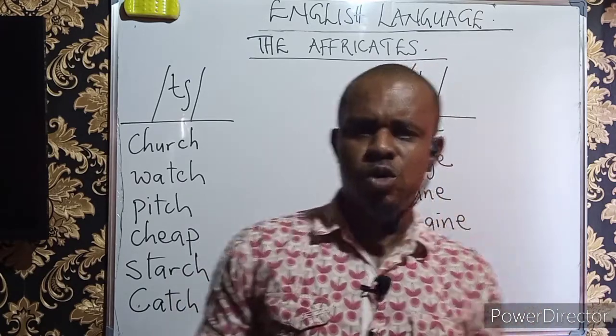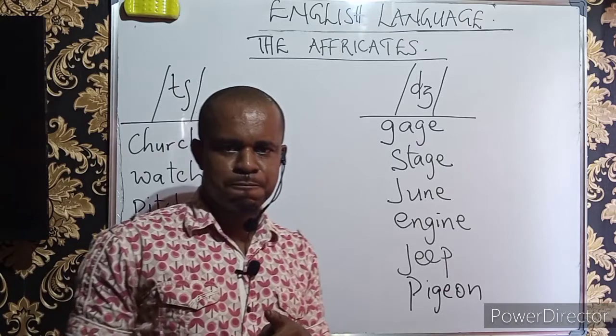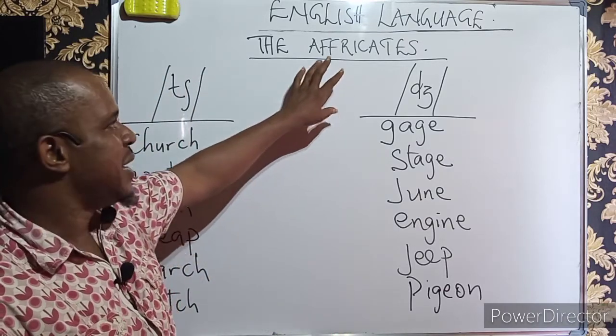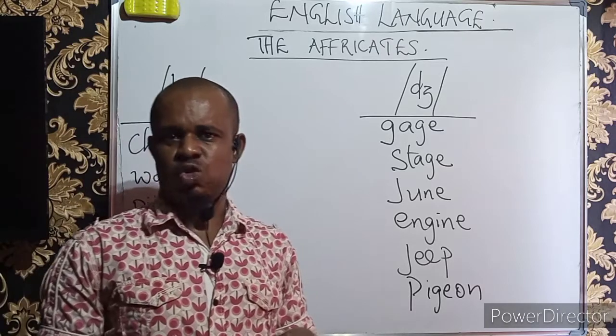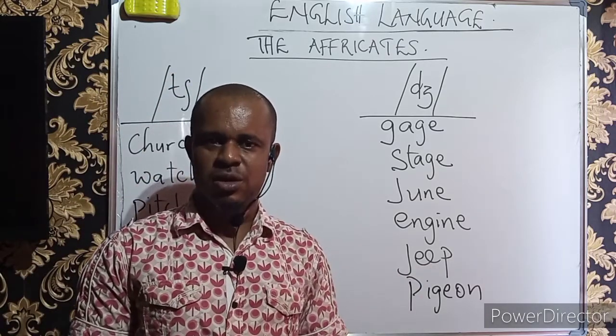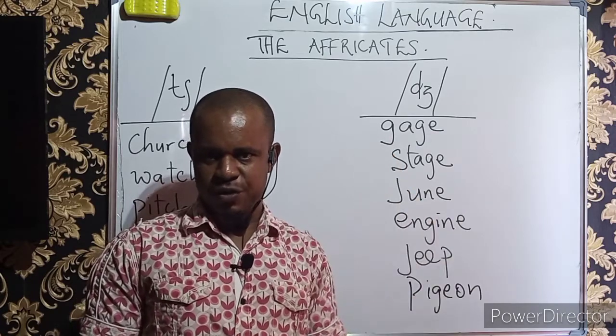In our episode of the speech sounds, today we are looking at the affricates. The affricates are part of the classification of the consonant sounds, like we did in our previous videos.